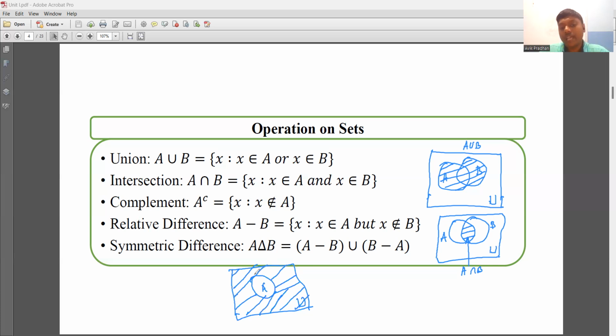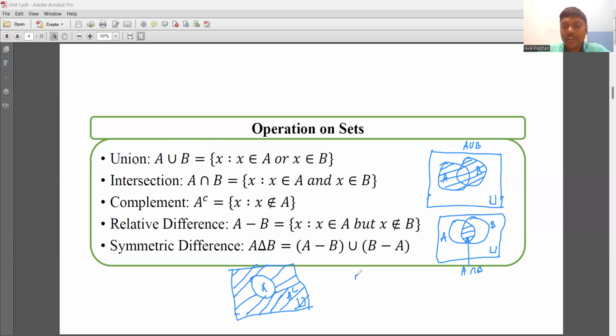Excluding A, whatever elements are there in the universal set represent A complement. So A union B means all the elements in A or B, either in A or in B. The intersection is the common elements, in the common portion of A and B. And A complement means the elements which do not belong to A but belong to the universal set, which is the shaded region here.